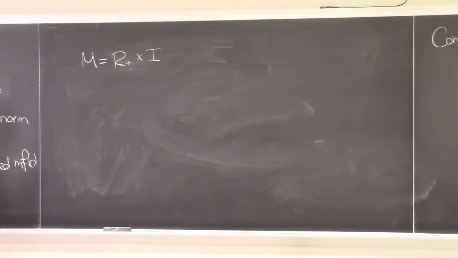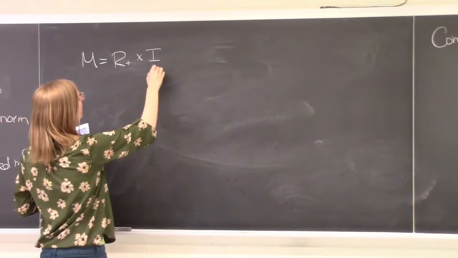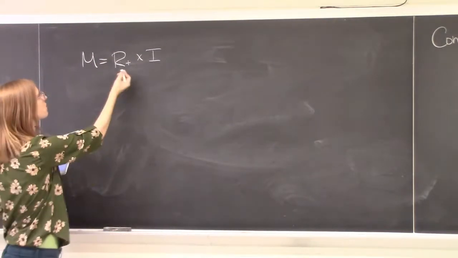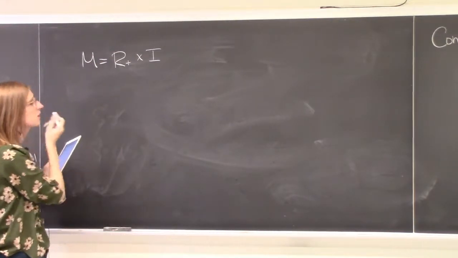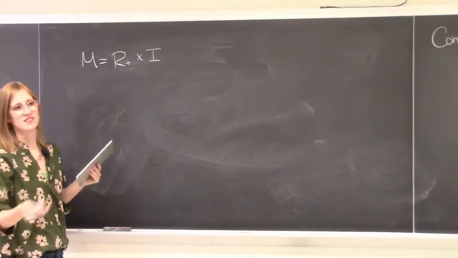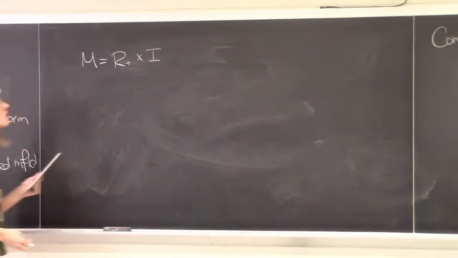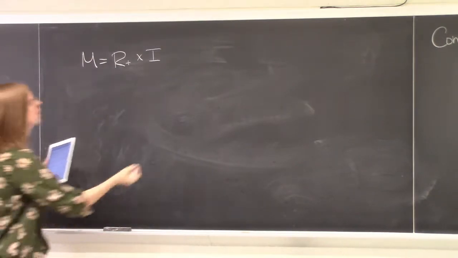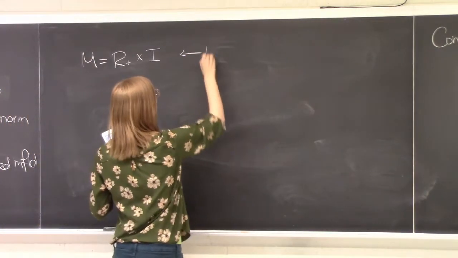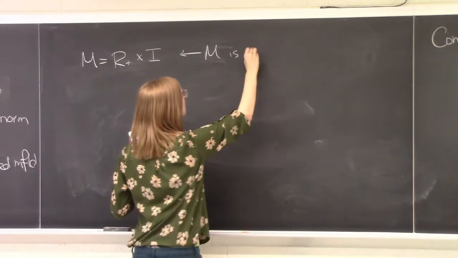And given my definition, my suture set should be roughly the boundary of R plus cross the interval. That's a set of annuli, not curves, but I can just collapse those annuli down to curves. So this is if M is a product manifold.